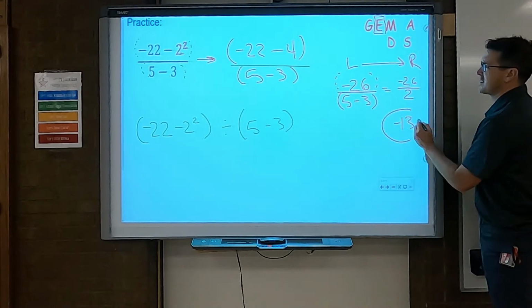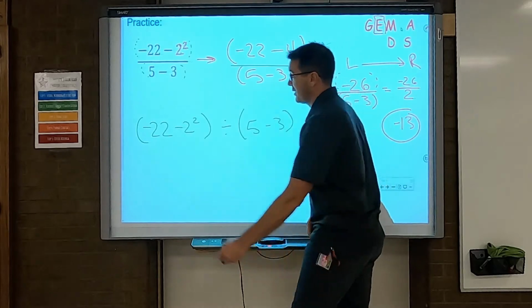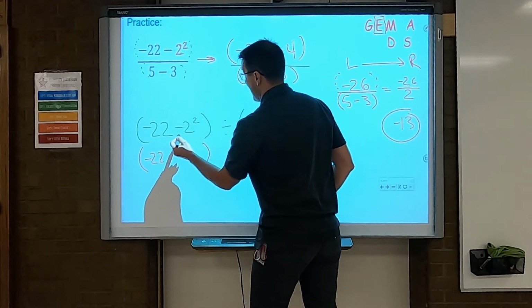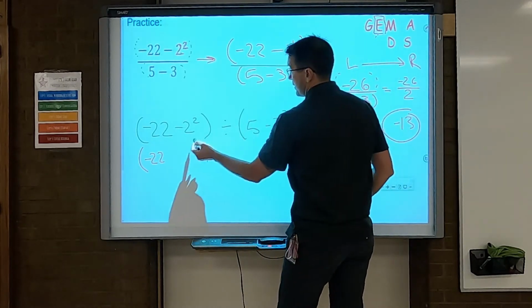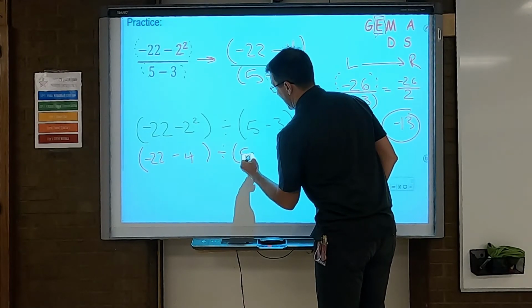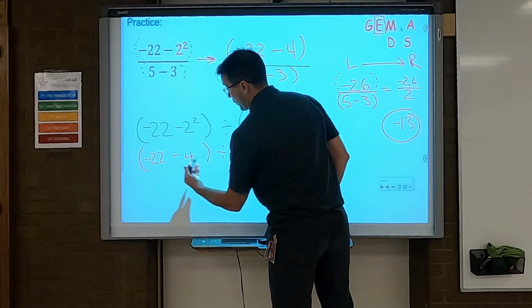And I'm sorry I kind of drug to the side here. But if I show you the same problem here, it seems a lot simpler because here you see the grouping symbol, so I can go negative 22. I got my exponent done. That's going to be negative 4 divided by 5 minus 3. Next, I can do my parentheses, or my grouping symbols again.